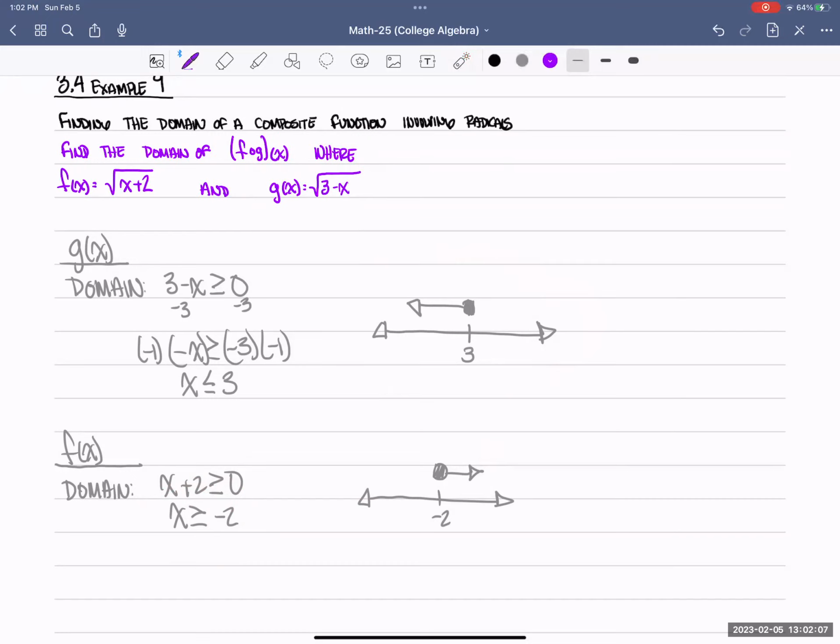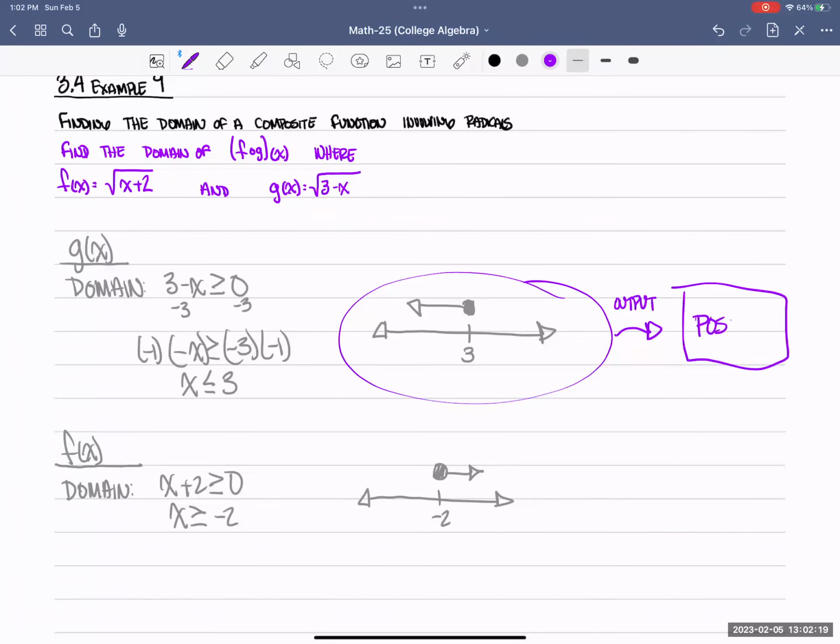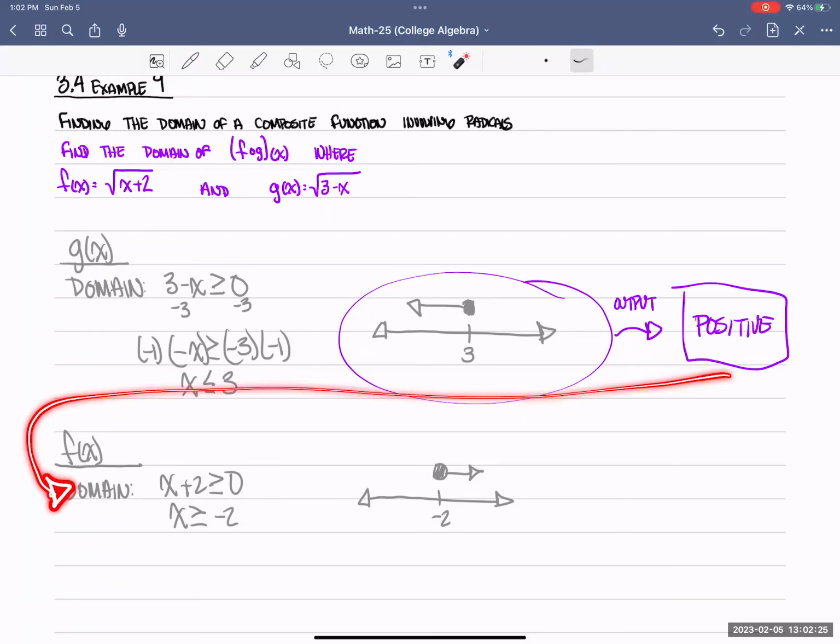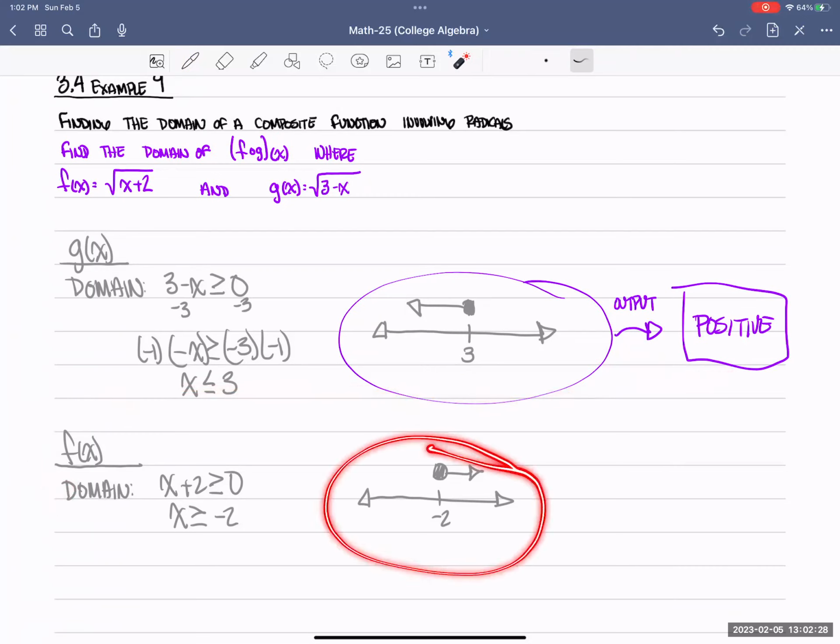So let me kind of demonstrate this. All values from here will output positive numbers. So when we input it into f of x, we're inputting all values that are greater than or equal to negative 2.